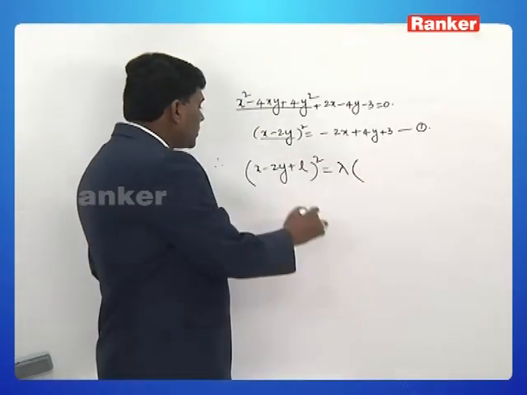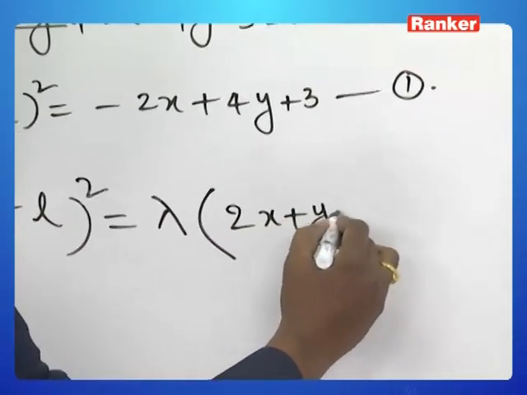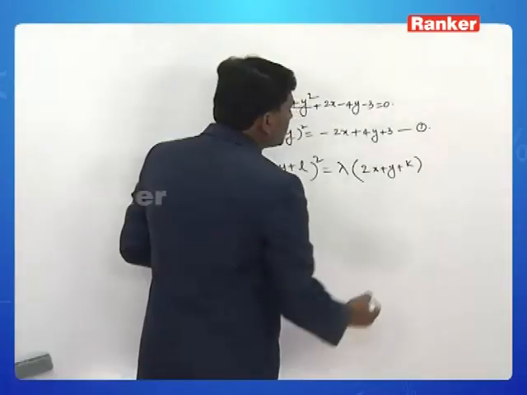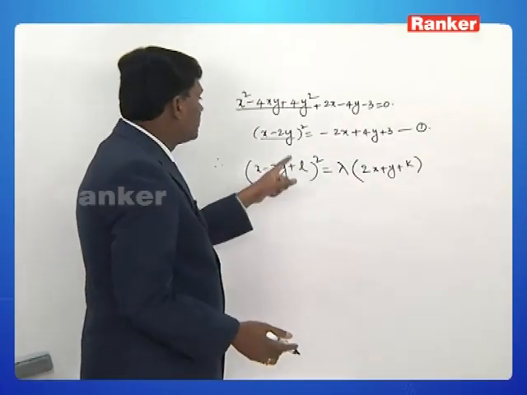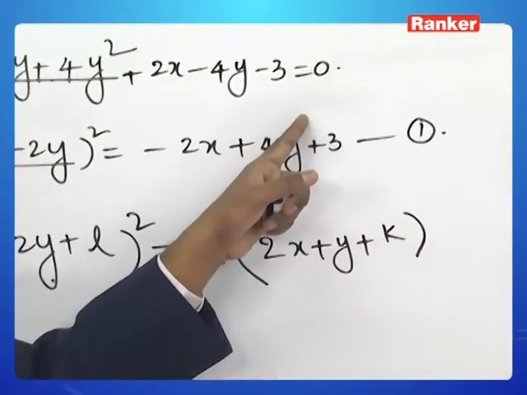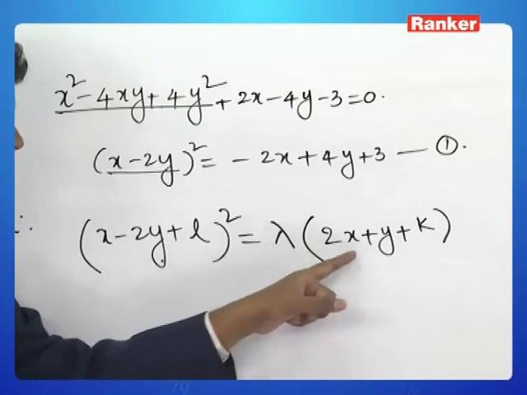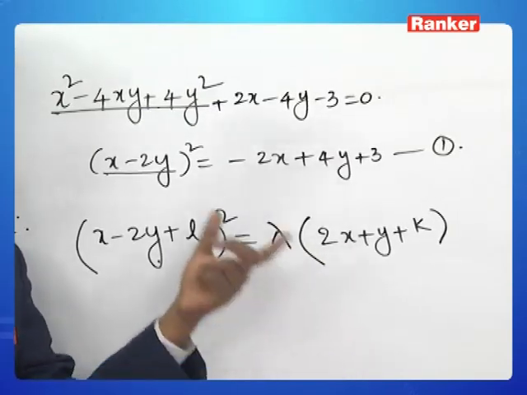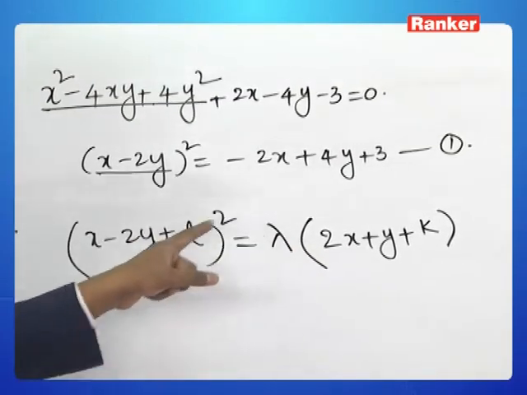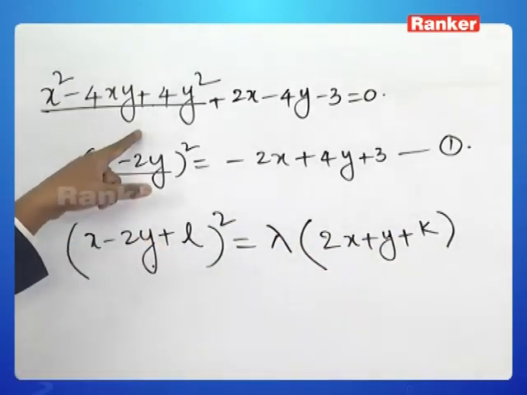The tangent at vertex is obviously perpendicular to this, so let us take its equation as 2x plus y plus k. We have taken the perfect square equal to these terms on the other side. After that, I am directly assuming the required parabola in this form. Now our task is finding L, lambda and k, so that this represents the given equation.